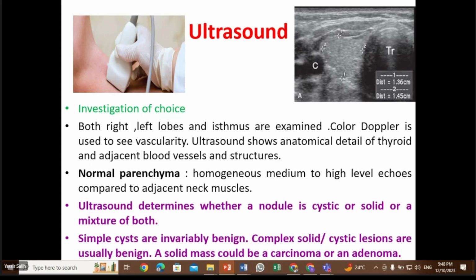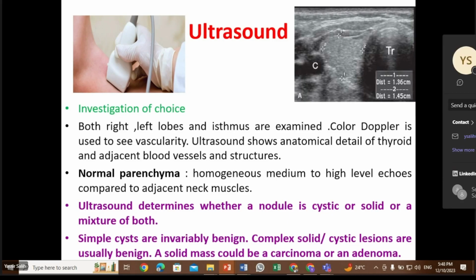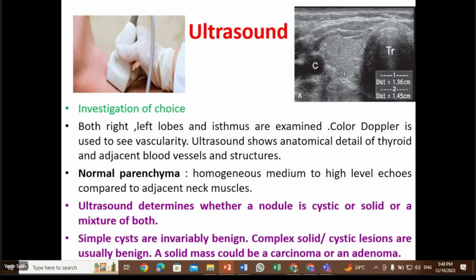The most important thing to know is that a cystic mass is invariably benign, so we do not fear it. If we say an ultrasound shows a thyroid cystic lesion, the most likely diagnosis is benign. If it is a mixed complex lesion, it is commonly benign but could be malignant.